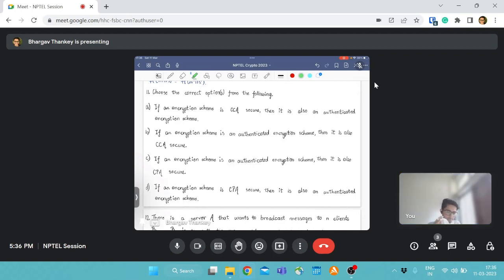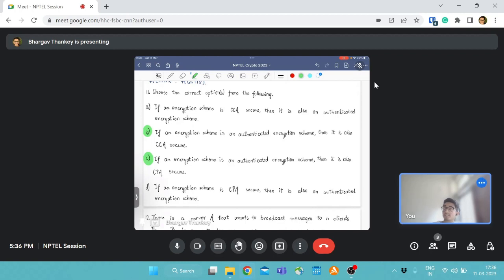Okay, let me tell you the answer. The correct answers are B and C. A is not correct because we saw in class that there exists a CCA secure scheme which is not an authenticated encryption scheme, right?